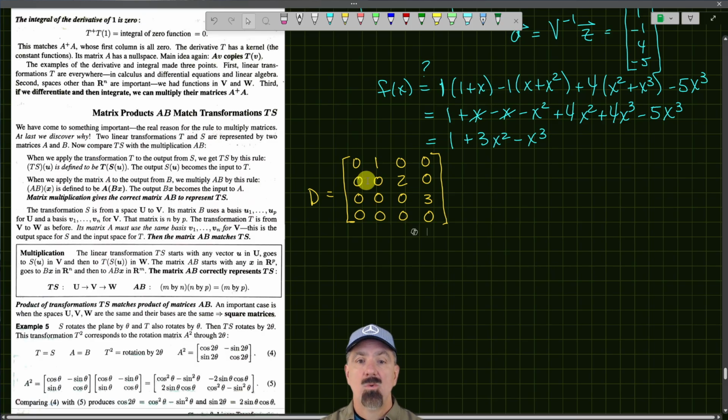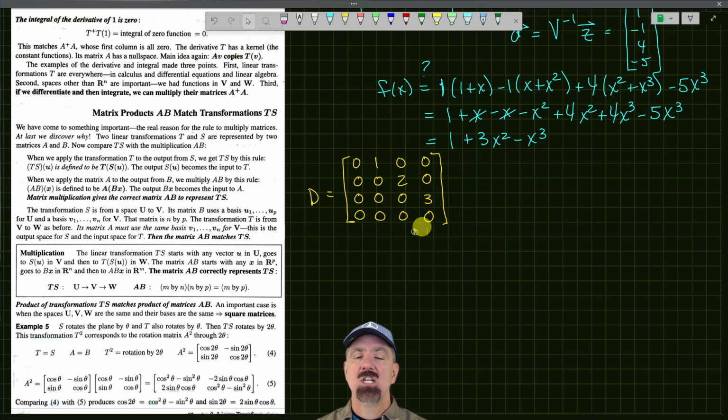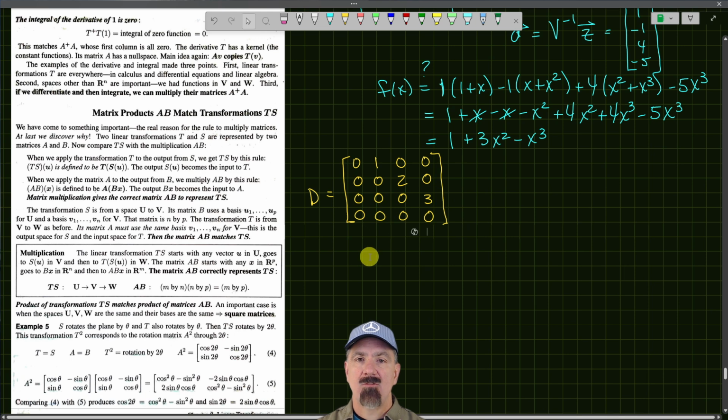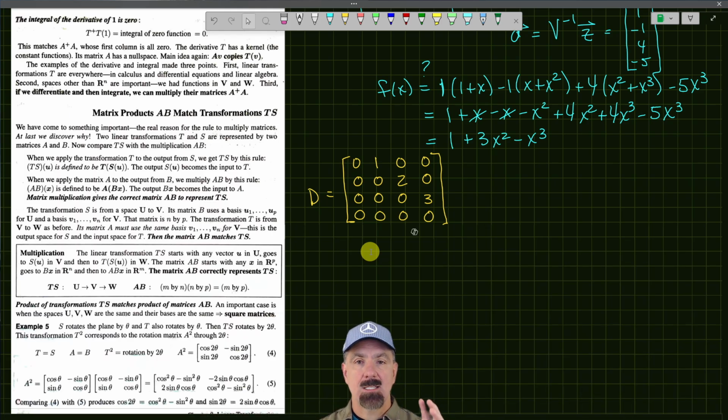All right, so we've looked at this before. This is the differentiation matrix. It is the matrix representation for the linear operator of differentiation if we are using the monomial basis for the input side and the output side. And we've done examples with this before. What we want is the differentiation matrix for Vicky's basis.